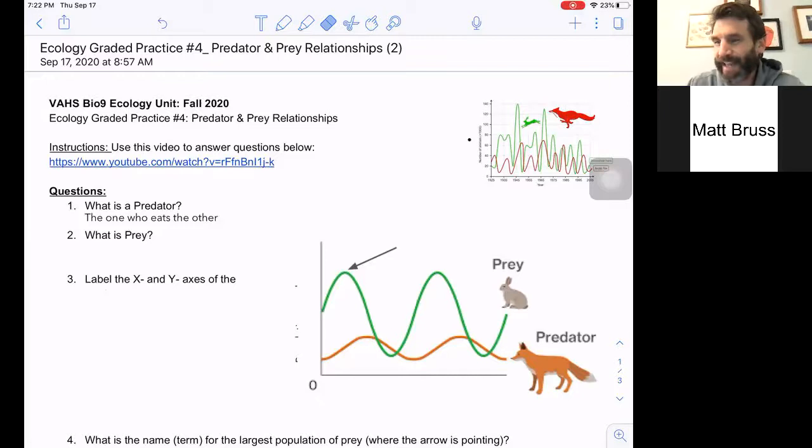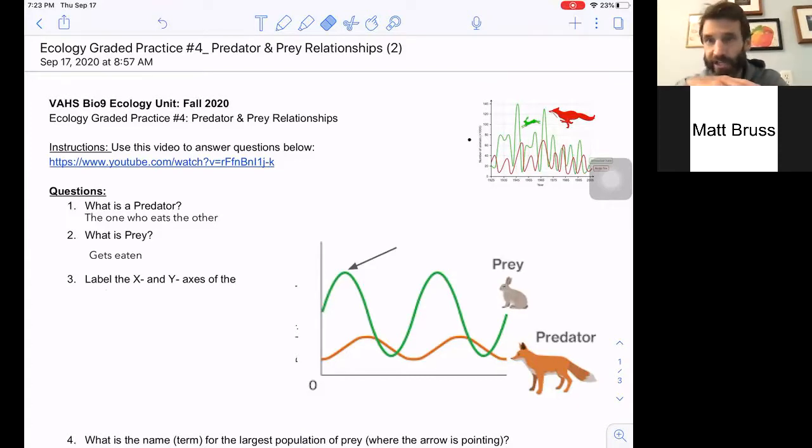So then we talked about, what is the prey? The prey is the one who gets eaten. And we talked like, yeah, we kind of know these words. It's maybe not anything new to anyone. But what might be new is interpreting these in a graphic form, using a graph to see how they're related.